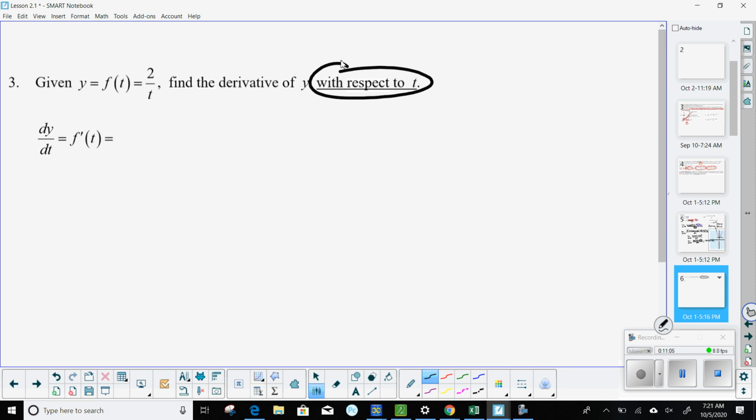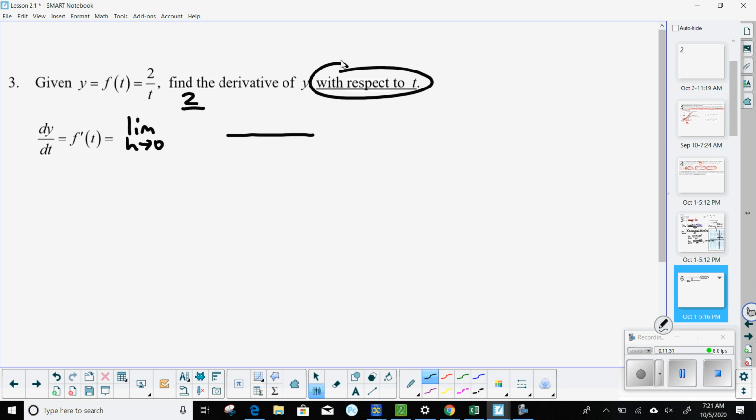So f prime of t is equal to the limit as, I'm going to use h this time instead of delta x, but it doesn't matter. You can use either one. So the limit as h approaches 0 of f of t plus h. So that would be 2 over, and in place of that t, I'm putting t plus h.